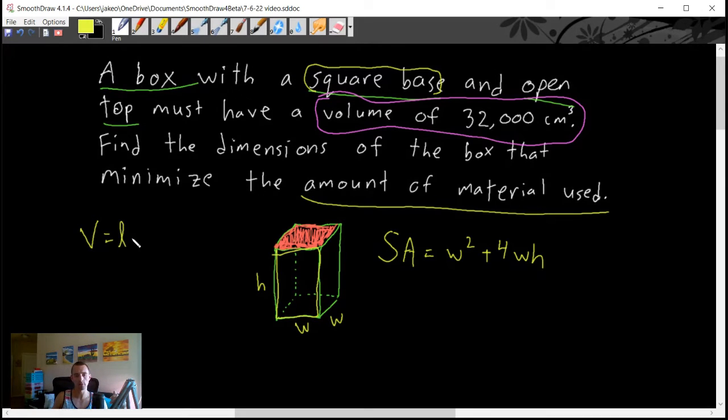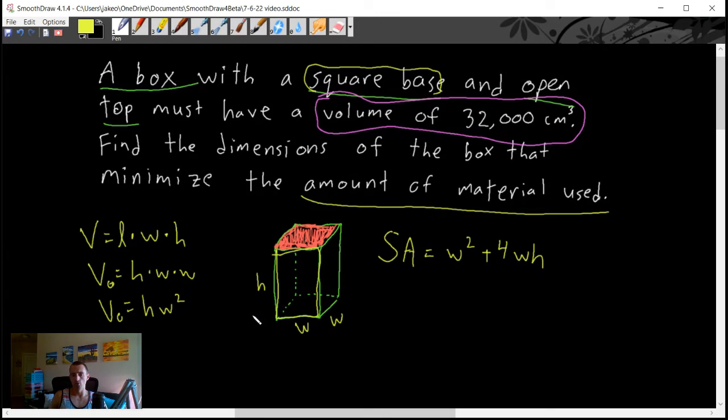It's length times width times height, right? So the length, width, and height of this box are H, W, and W. So the volume of this box in particular is going to be H times W times W, which is the same as H times W squared. So we know this is the volume of this particular box. Let's just call this volume of this box V naught, volume naught.